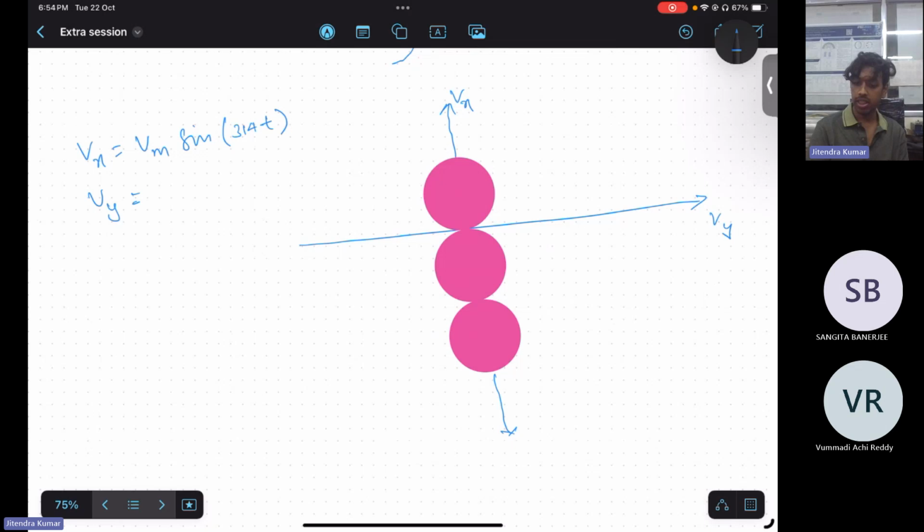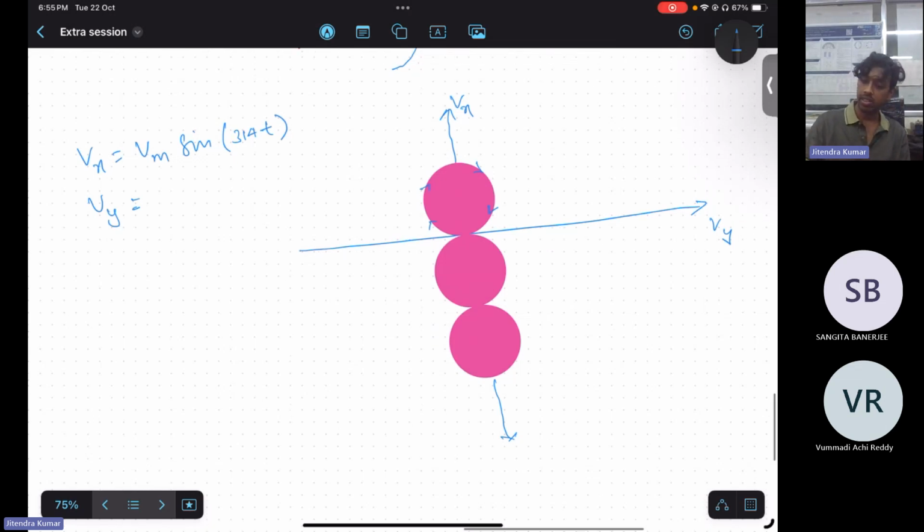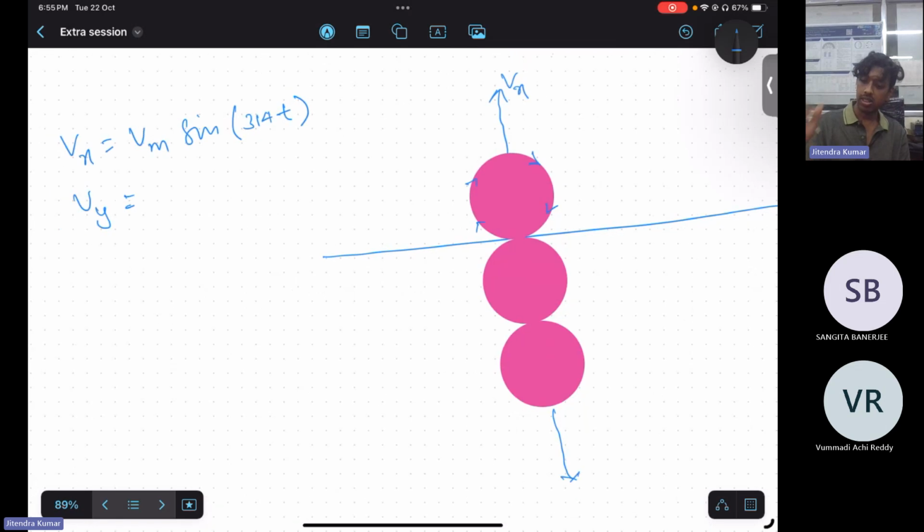The direction is also mentioned. Let me also give you the direction. So this is the direction given. Can we write the equation for Vy?